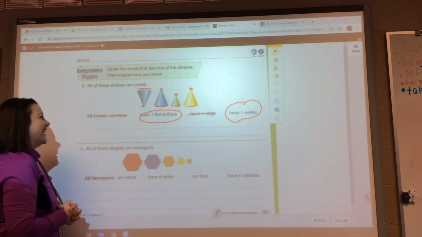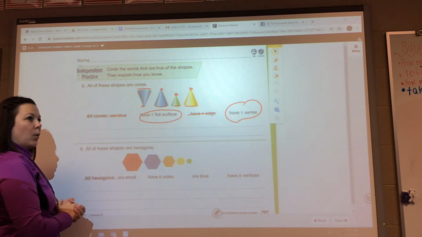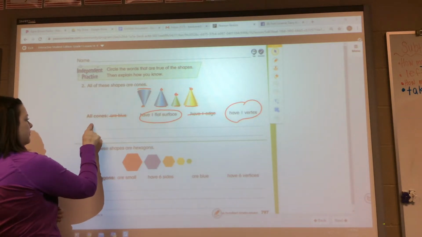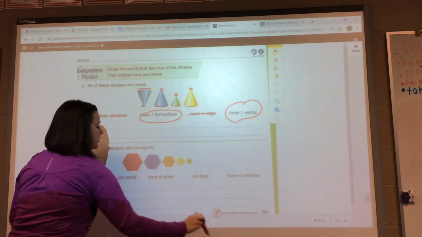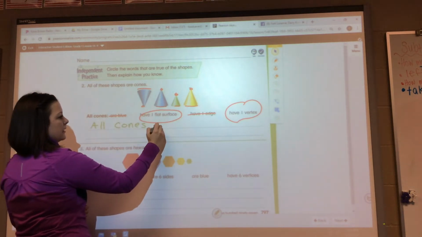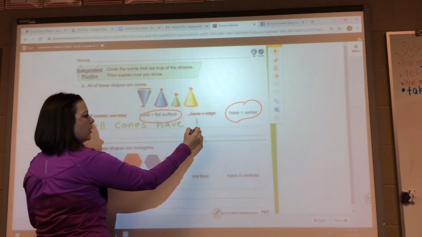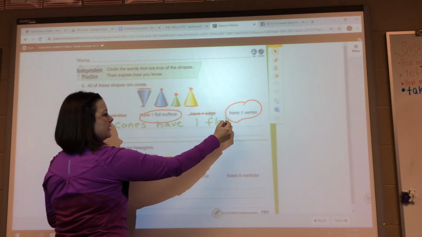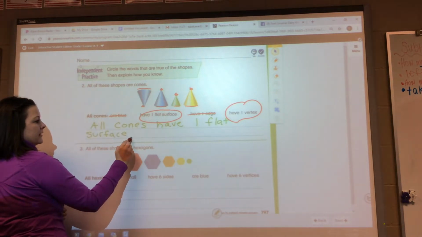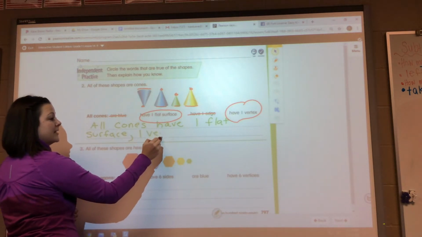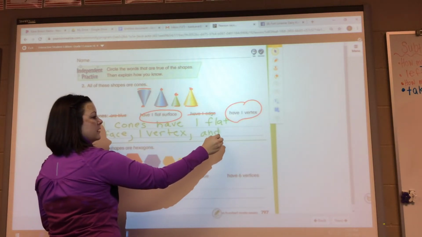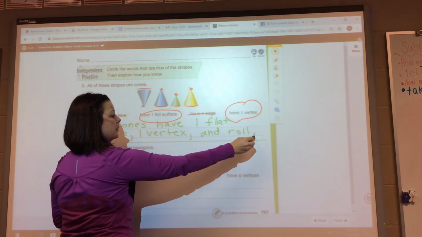There we go. Okay, so we have to explain ourselves. Why do we know it's a cone? It is a cone because all cones have one flat surface, comma, one vertex, comma, and roll, period.